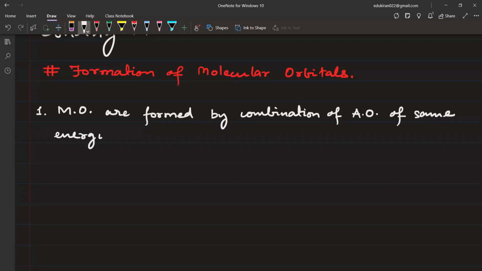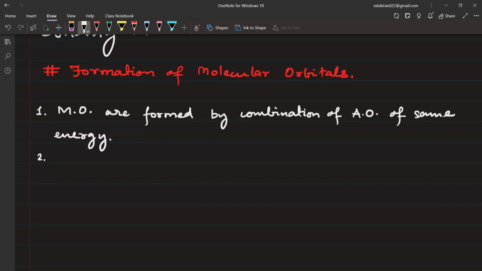So the energy difference between those orbitals should not be very large; it should be almost the same. Right, the second point, as we know, the number of molecular orbitals formed will be equal to the number of atomic orbitals involved in the combination.